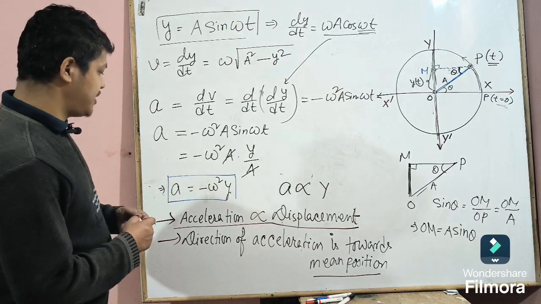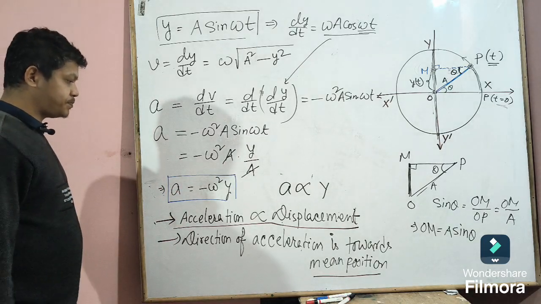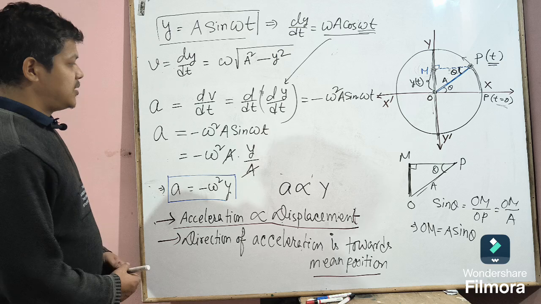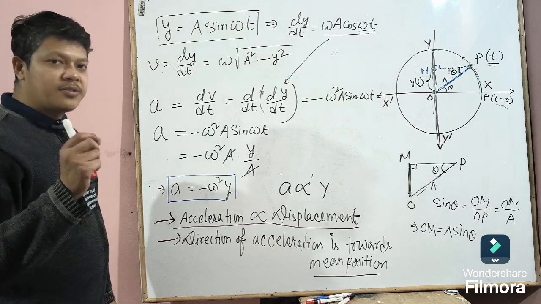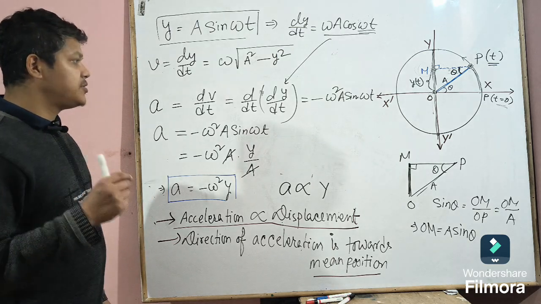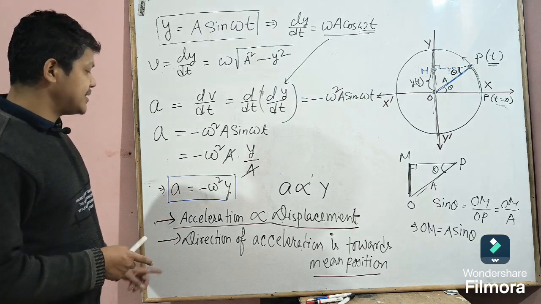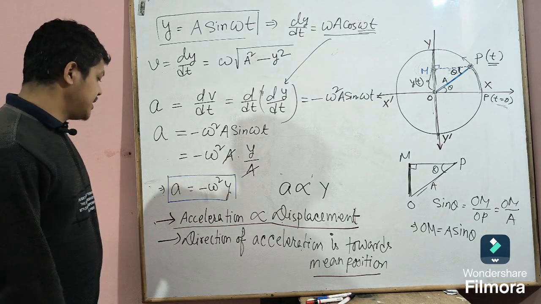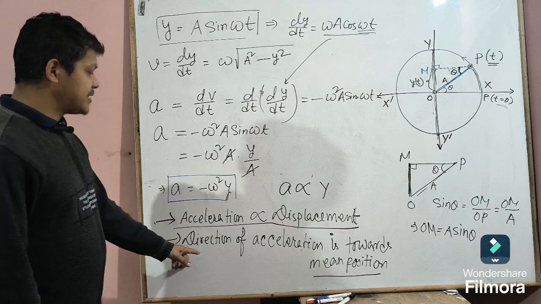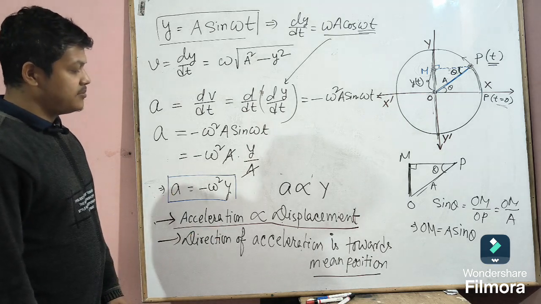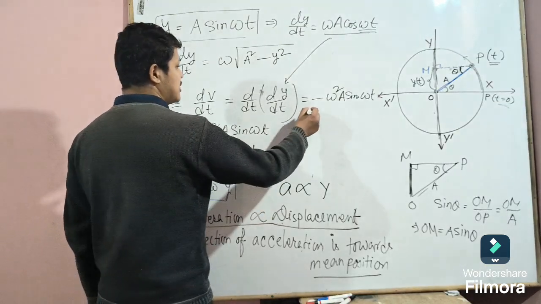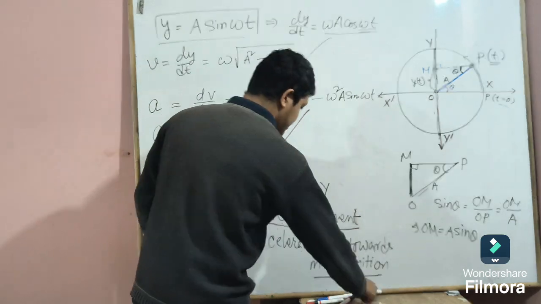So how to define simple harmonic motion? A particle or an object is said to be in simple harmonic motion if its acceleration is proportional to displacement and it is acting towards the mean position. So here let me write the definition.